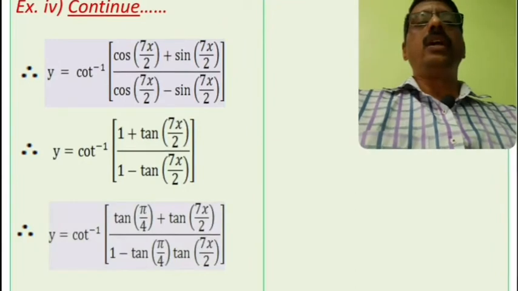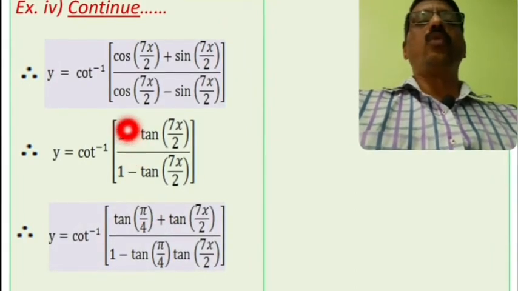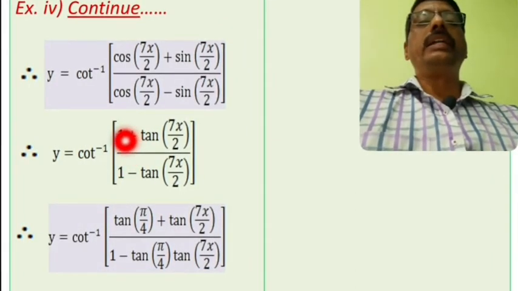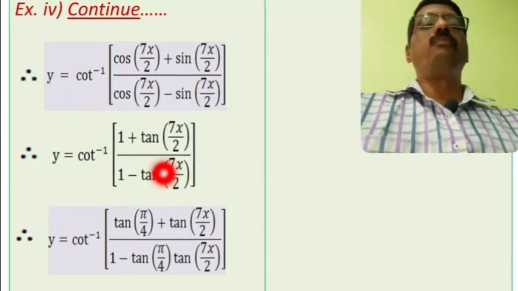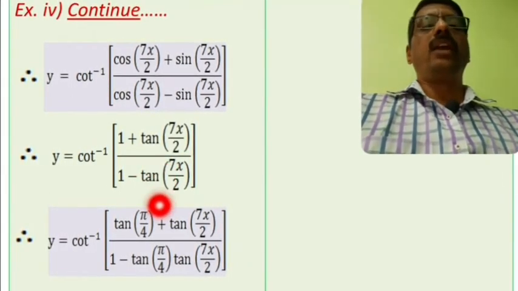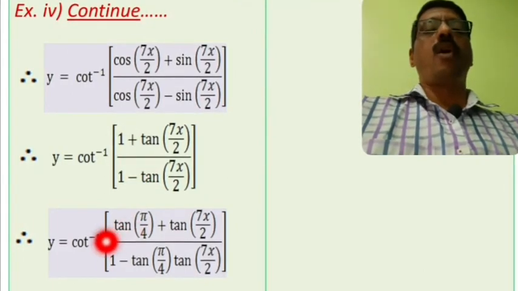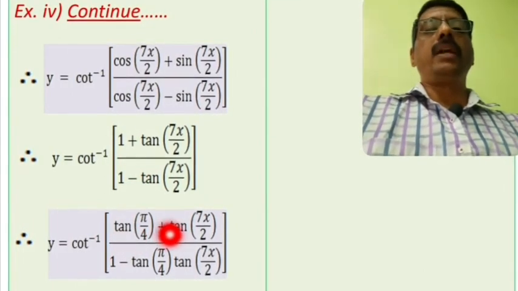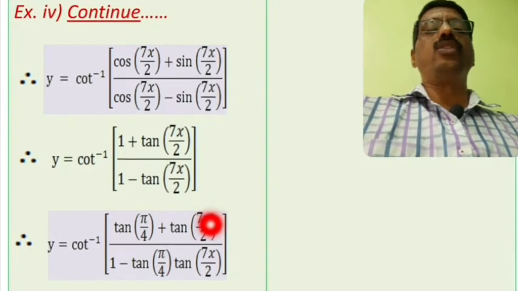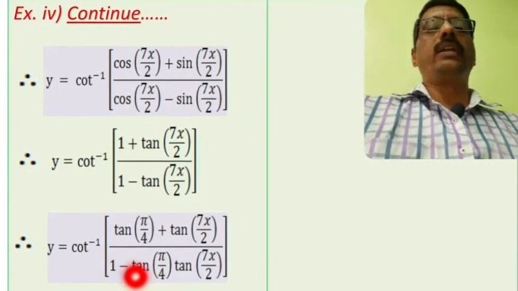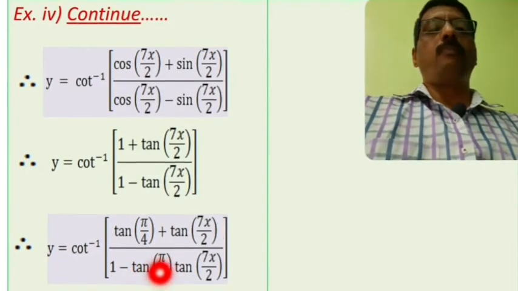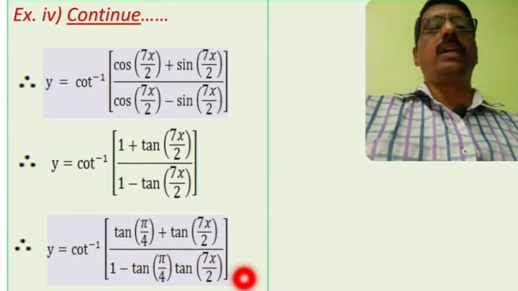Now here in the numerator, 1 can be written as tan of pi by 4. We know that the value of tan of pi by 4, tan 45, is equal to 1, and therefore the numerator can be written as tan of pi by 4 plus tan of 7x/2, and in the denominator it can be written as 1 minus tan of pi by 4 into tan of 7x/2.